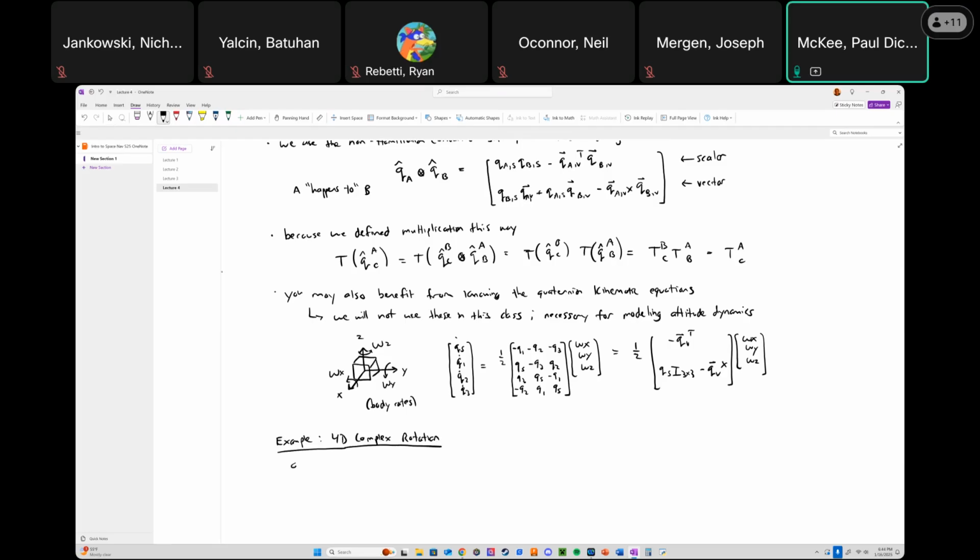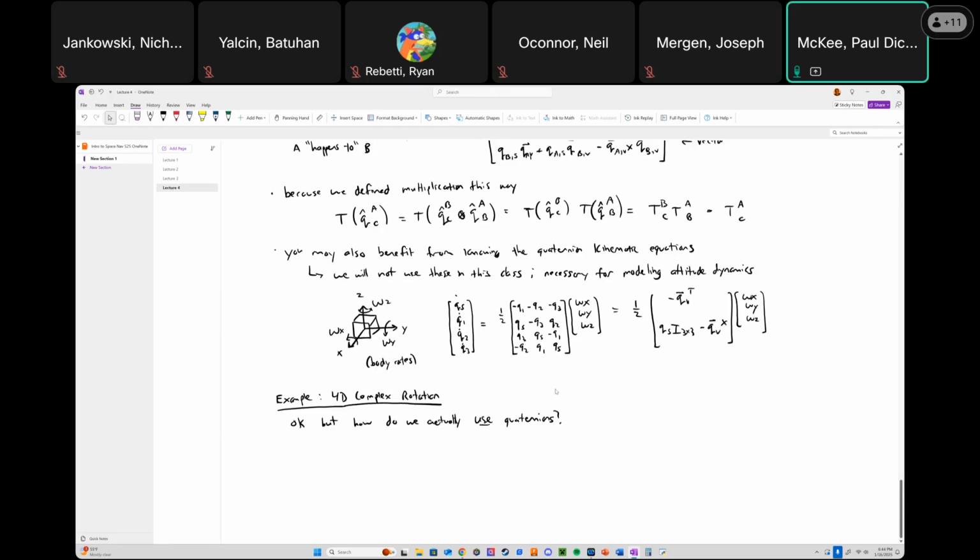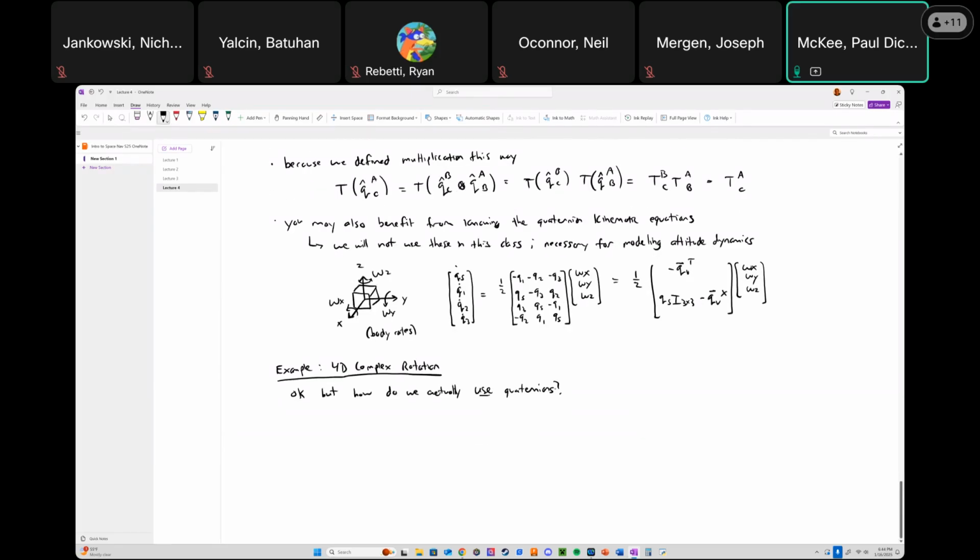Say, okay, but how do we actually use quaternions? This might feel kind of overwhelming. Learned a lot of new math today. So in practice, we would usually go from quaternion to a direction cosine matrix and then just use that. But you don't have to.